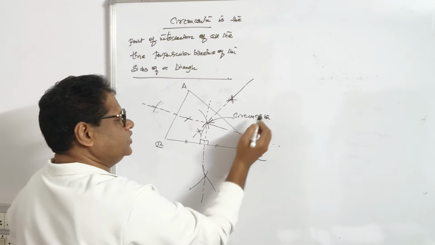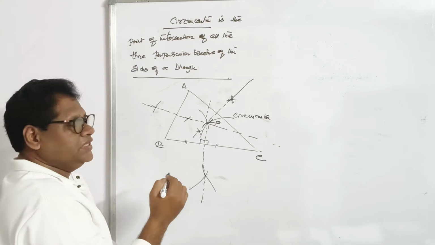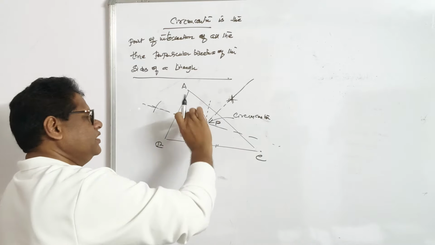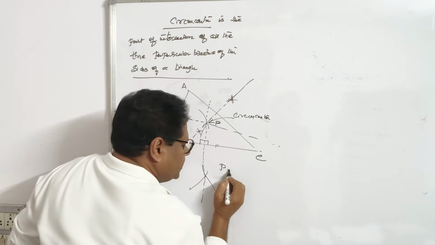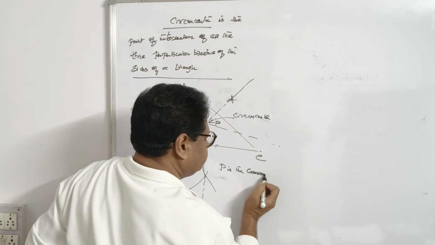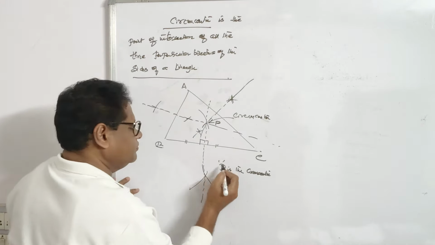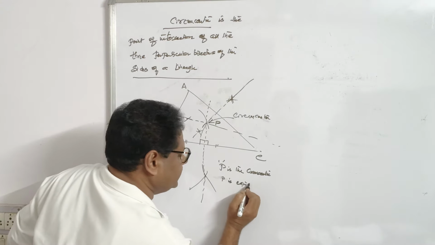Suppose this is the point P, let us take. Then P is equidistant from A, B and C, right? So P is the circumcenter, and P is equidistant.